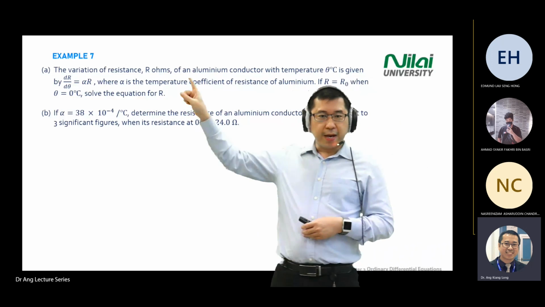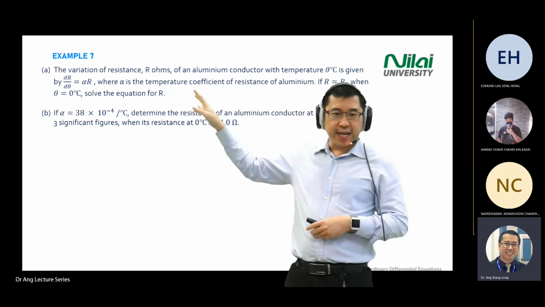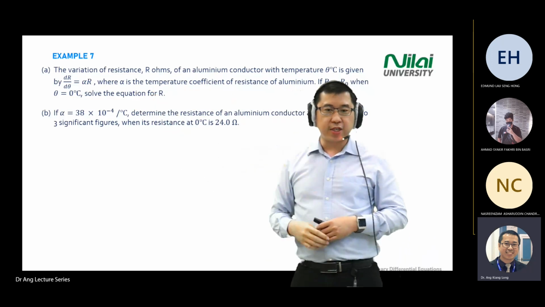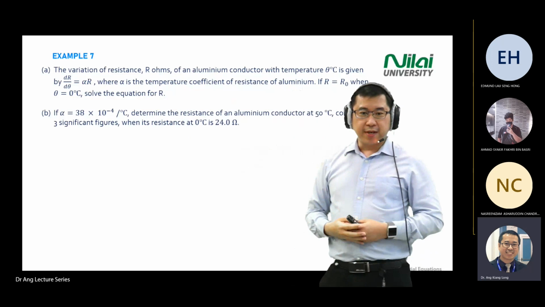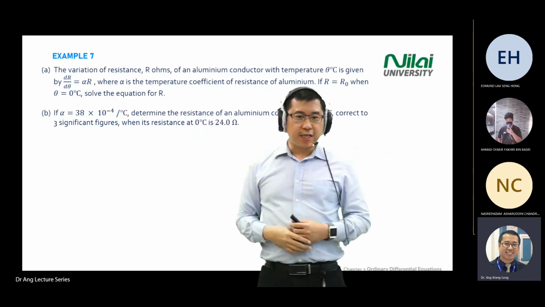Now this part, you convert what you see here into a dy dx equation. You compare it with the dy dx equation like what we learned previously. Don't get frightened by the complex equation that you see here.